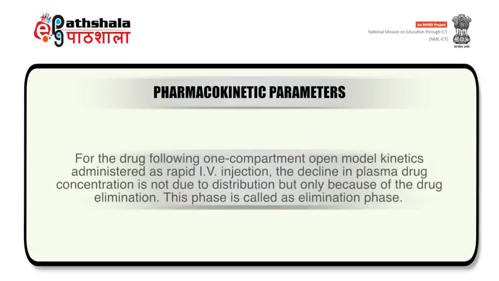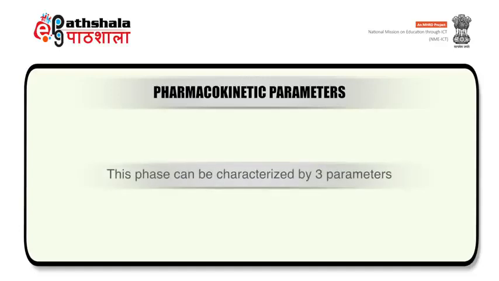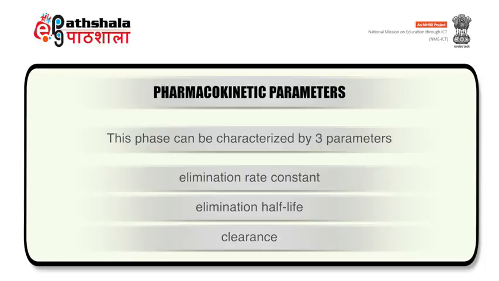For a drug following one compartment open model kinetics administered as a rapid IV bolus injection, the decline in plasma drug concentration is not due to distribution but only because of drug elimination as the amount of drug decreases. This phase is called the elimination phase, and it can be described by three parameters: the elimination rate constant, the elimination half-life, and the clearance.